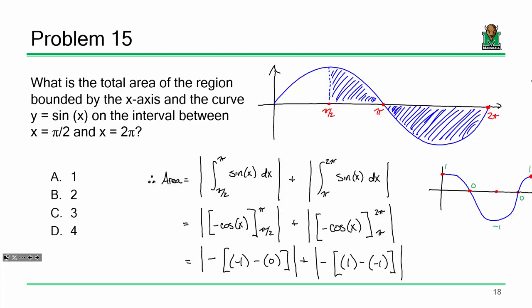Now, this was a cruel problem on the signs. I'll be the first person to admit it. Absolute value minus inside the brackets. That's going to be 1 minus minus 1, 2. Excuse me. So essentially all you've got is 1 plus 2. So your answer should be 3.